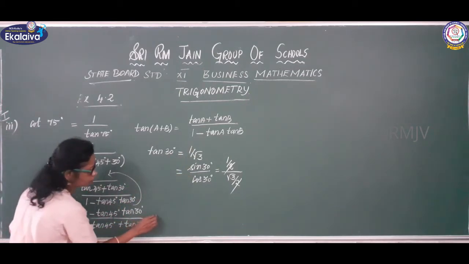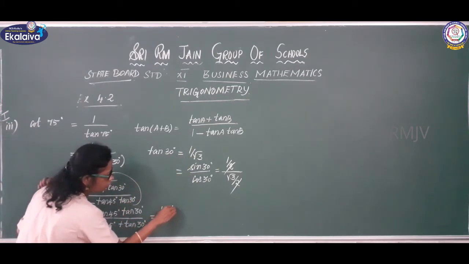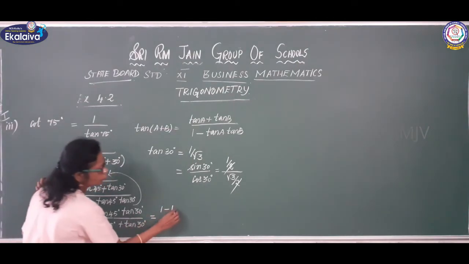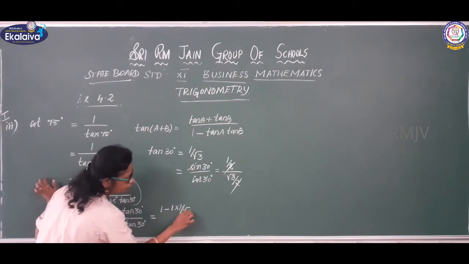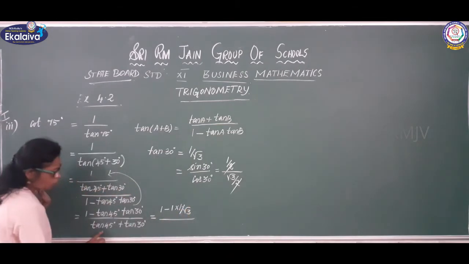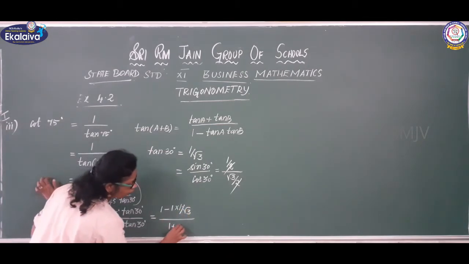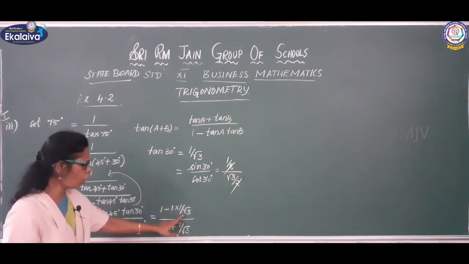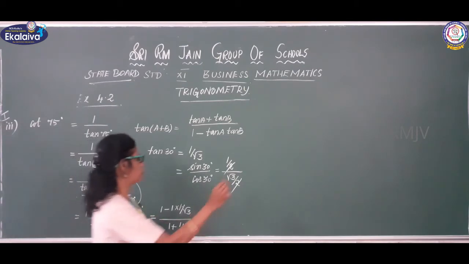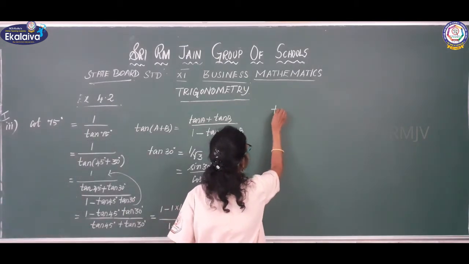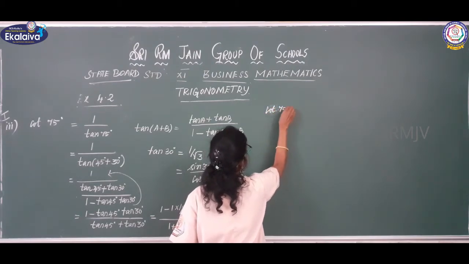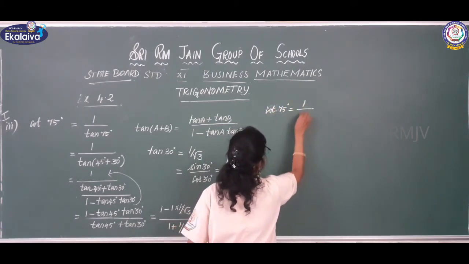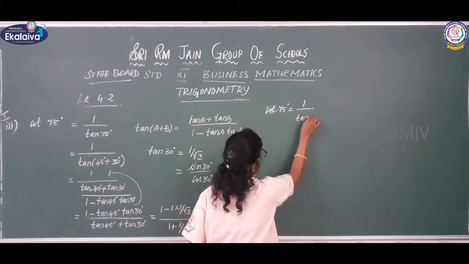Now, I am going to substitute the value. 1 minus 1 into 1 by root 3 divided by 1 plus 1 by root 3. Now, I am going to take LCM, right? Cot 75 degree equal to 1 by tan 75.